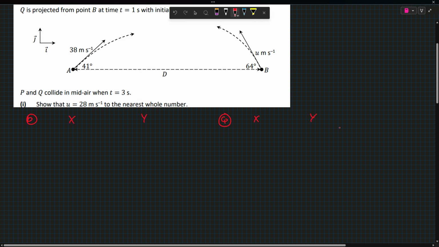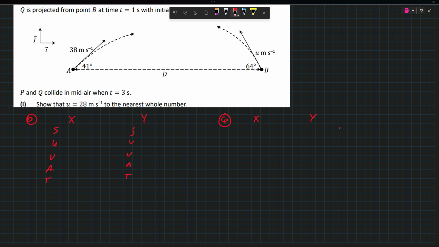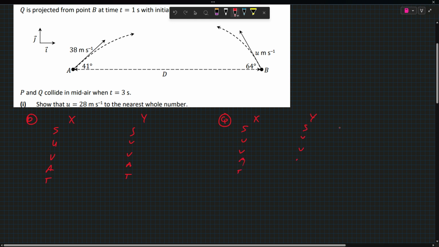So X, Y, SUVAT. And I'll do it here. Now the one thing that will stay consistent is that acceleration in the X direction is 0, acceleration in the Y is always minus g. This would be t, t, and then t minus 1. Now here would be u cos 64 and u sin 64.